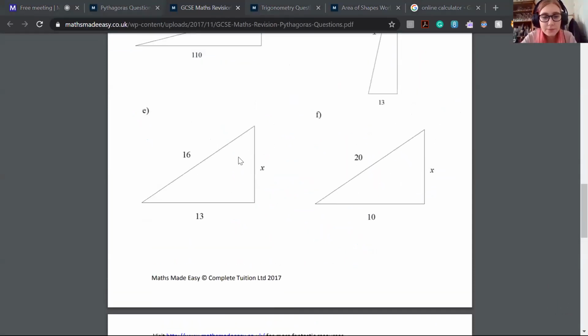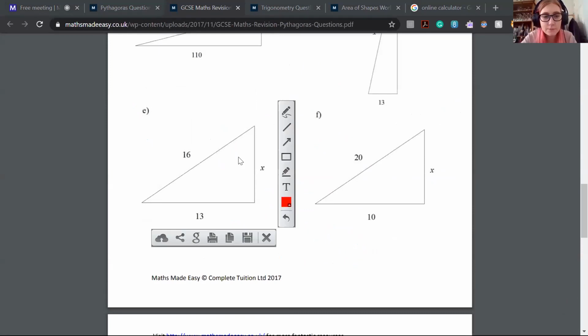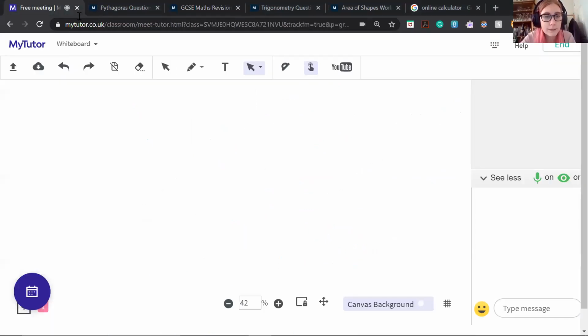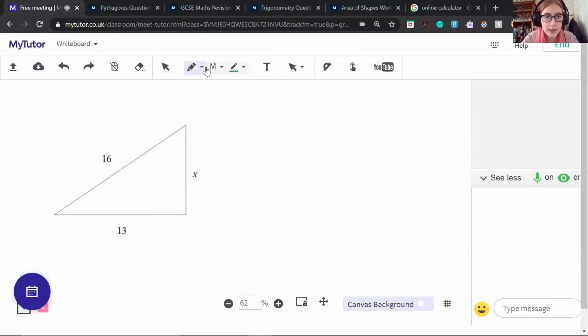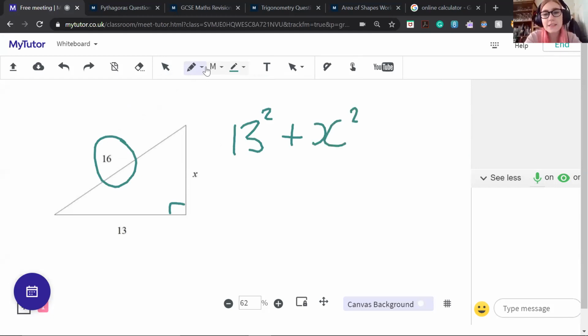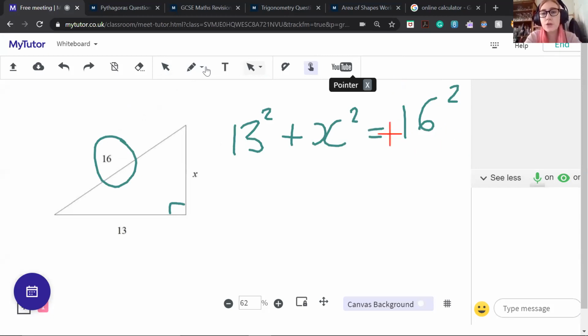So let's do this one. Here, again, they haven't actually told us the right angle, but it will be here. And make a note to yourself which one the hypotenuse is. So here, a squared plus b squared, obviously it doesn't matter which one's a and which one's b, equals c squared. Here, it's not x squared that we have.